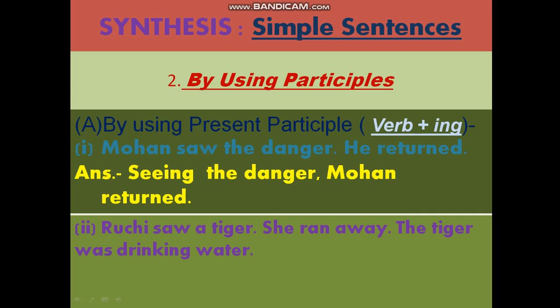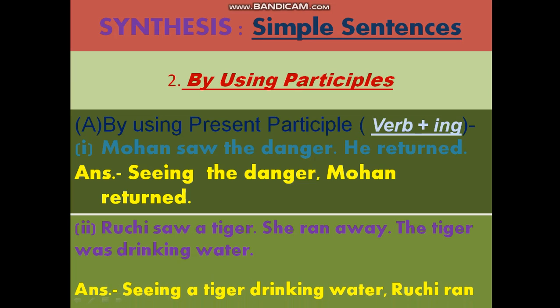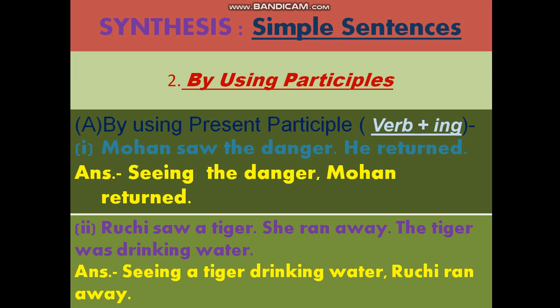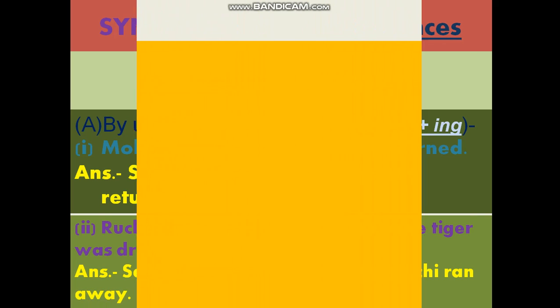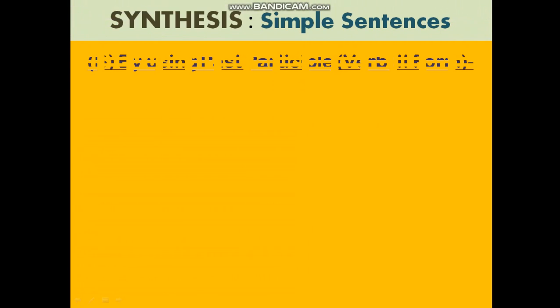And when did she run away? She ran away when she saw a tiger, or seeing a tiger drinking water. Seeing a tiger drinking water, comma, Ruchi ran away.